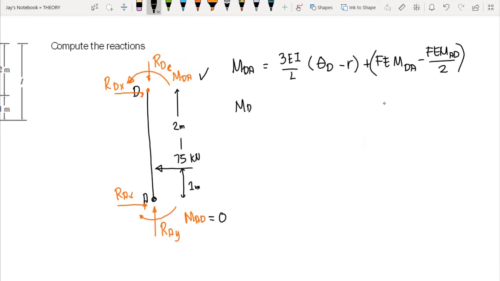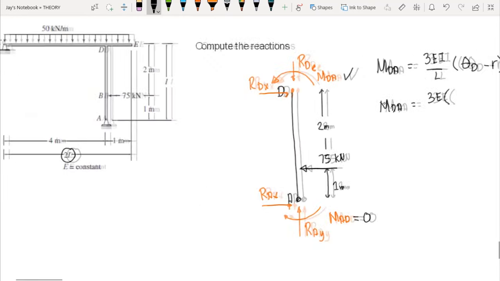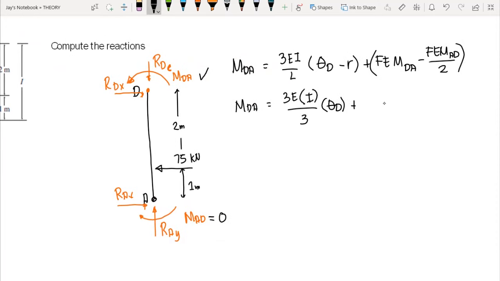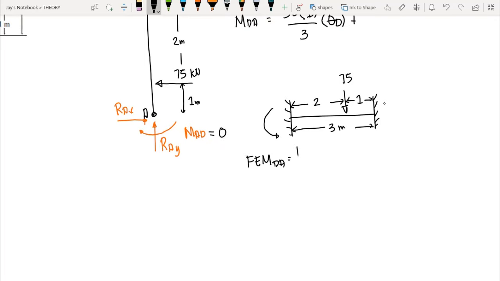So we have MDA equal to 3E. Our I here is I alone, so this is I over L, we have 3 times theta D. We do not have settlement of support, plus the fixed end moment. Again, if this is our restrained beam, we have load P here, which is 75. So our fixed end moment DA here is, again, if this is 1 and this is 2, we use the formula P A B squared over L squared.